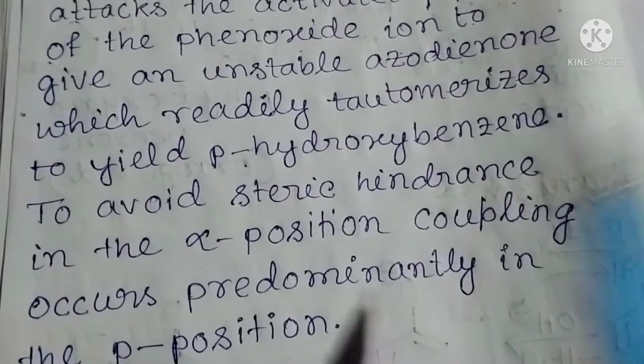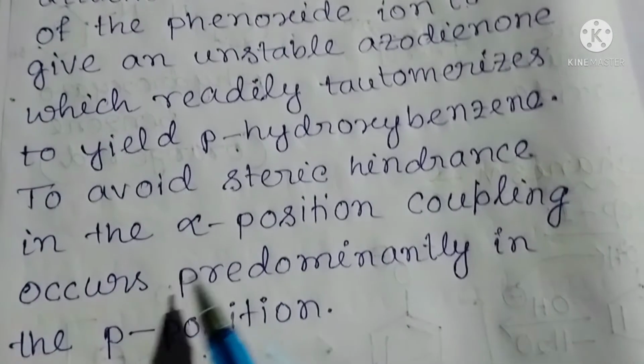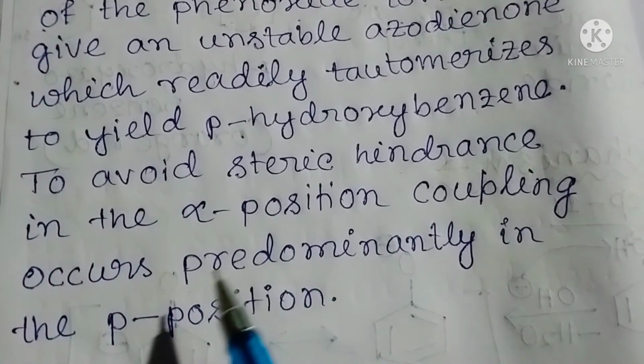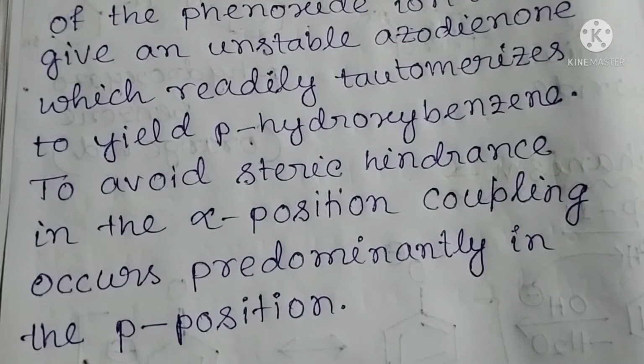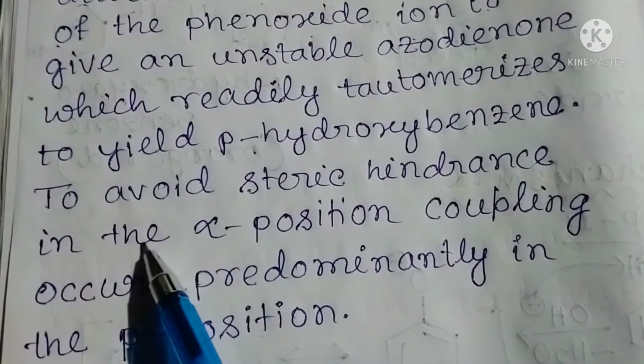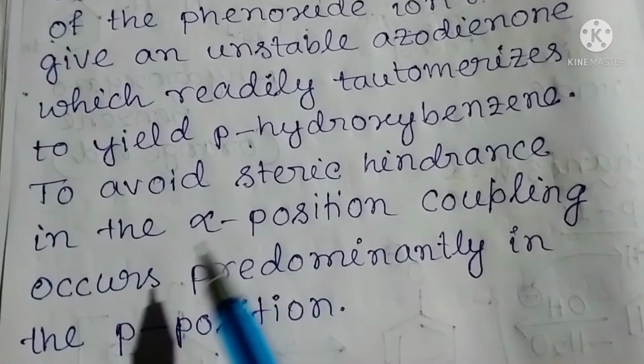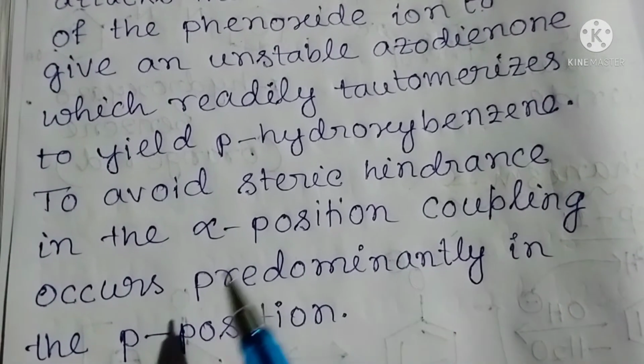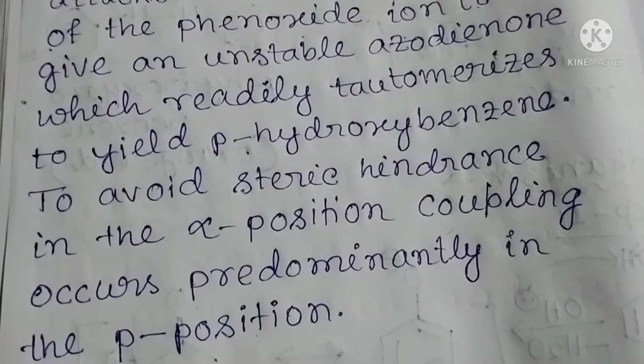To avoid steric hindrance in the alpha position, coupling occurs predominantly in the para position.